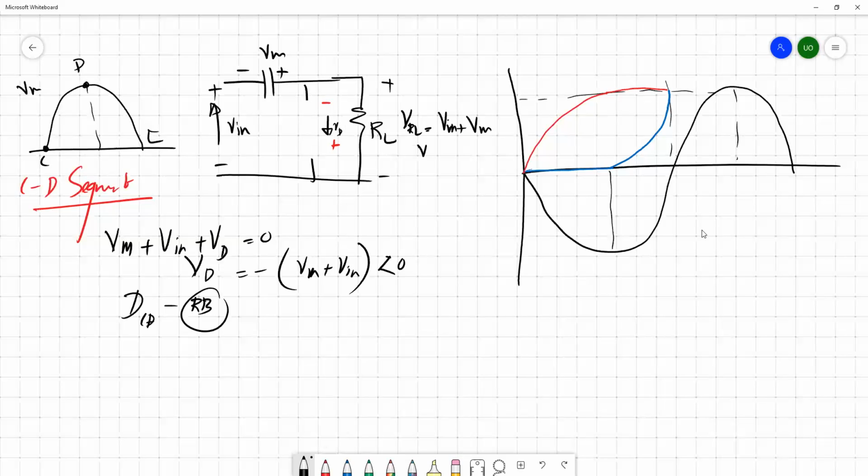So then this goes from Vm to 2Vm. Once your input is Vm, this becomes double, so the output moves to 2Vm, and the voltage across the capacitor.